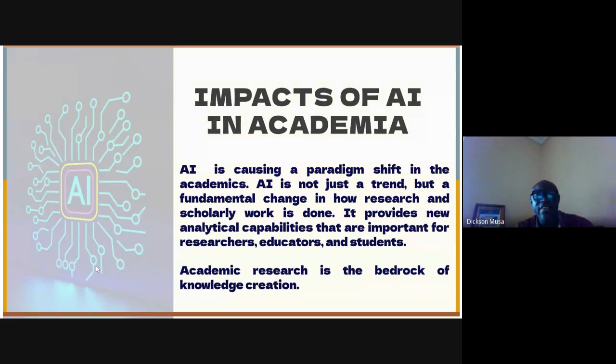So AI is no longer just a fad. AI is something that is required, especially in the academic sector today. And as we know, academic research is the bedrock of knowledge creation. And AI will help us to create knowledge in a smarter way.